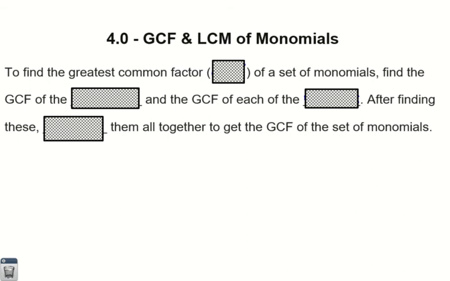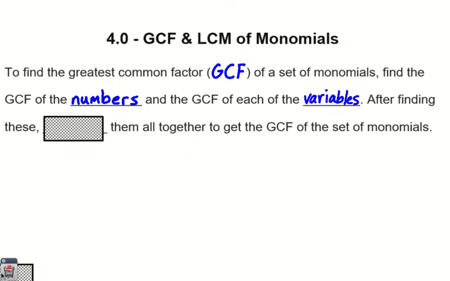The notes start by saying, to find the greatest common factor, which we're going to abbreviate as GCF, of a set of monomials, so we have 2 or more separate monomials, we're going to find the GCF of the numbers and the GCF of each of the variables.